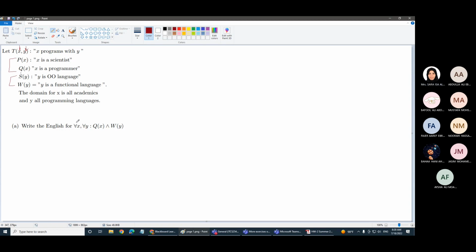Now if I go through it and want to write the English for: for all x, for all y, Q(x) and W(y), you will see that there is no connector here, so nothing will be written in the middle. How to express it in English? Think about it, because there is no connector.